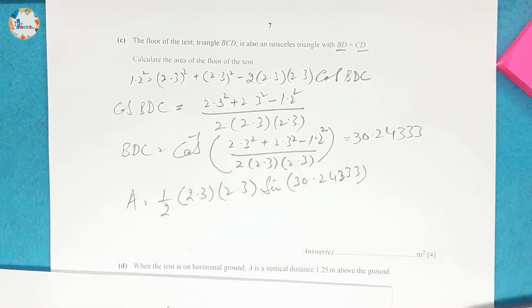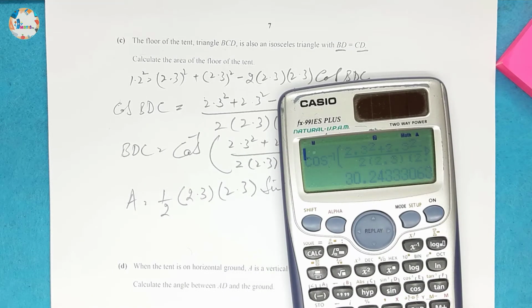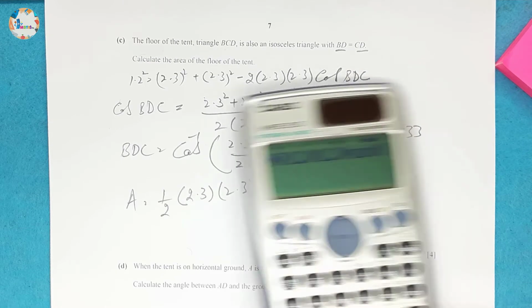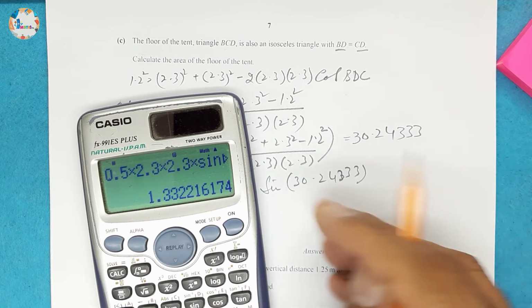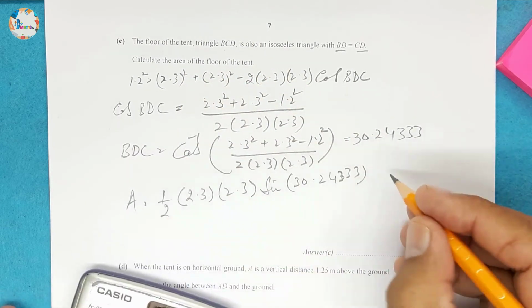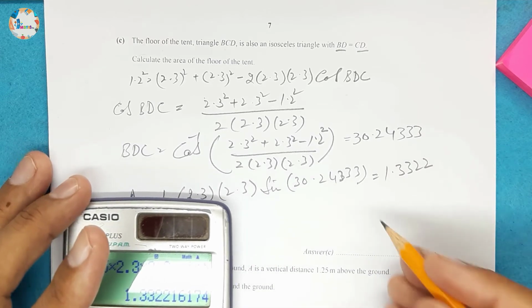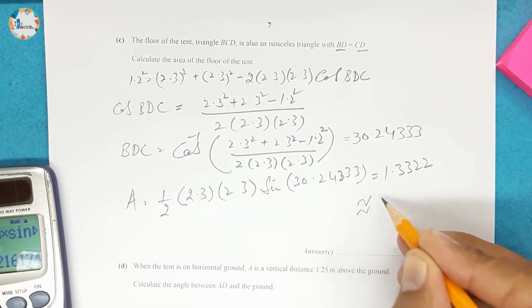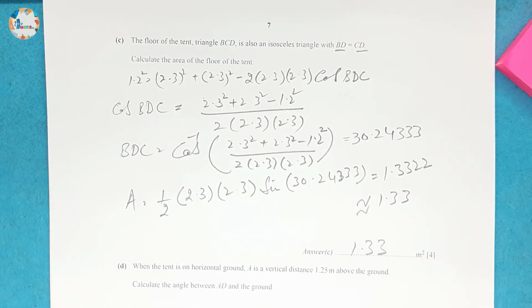So we calculate 0.5 into 2.3 into 2.3 into sine of 30.24333, and this gives us 1.3322. So we can write the answer as 1.33 to three significant figures. This will be 1.33 area.